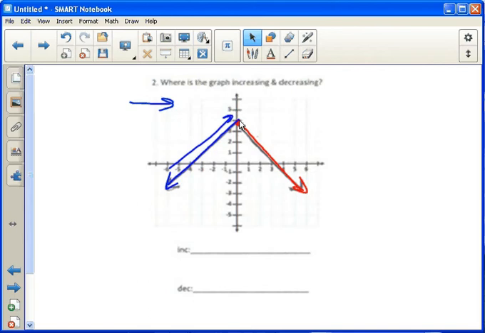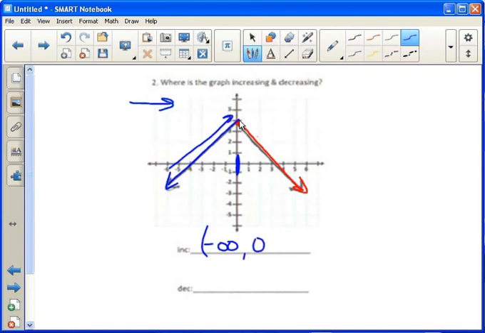It goes forever to the left, so we're going to be increasing from -infinity all the way until 0. Don't put 4 because that's the y value. We're increasing until 0 because we're following the x-axis. And then we're decreasing also from 0 and then on out forever to infinity because it never stops. That arrow implies it just keeps going on forever.